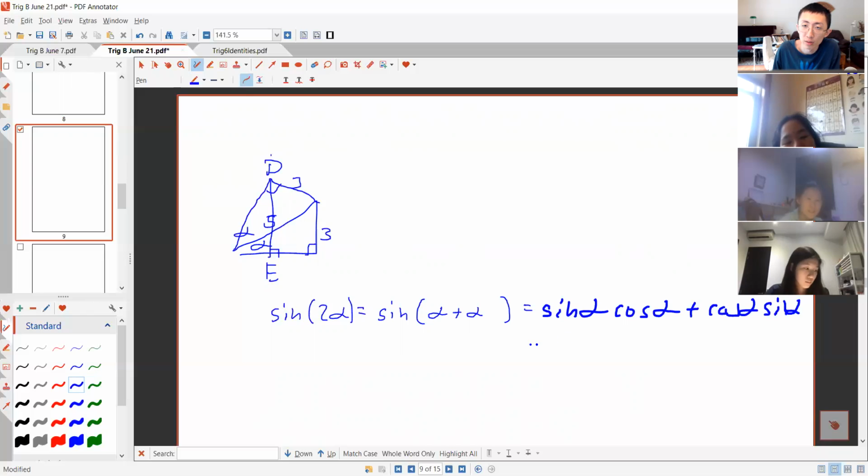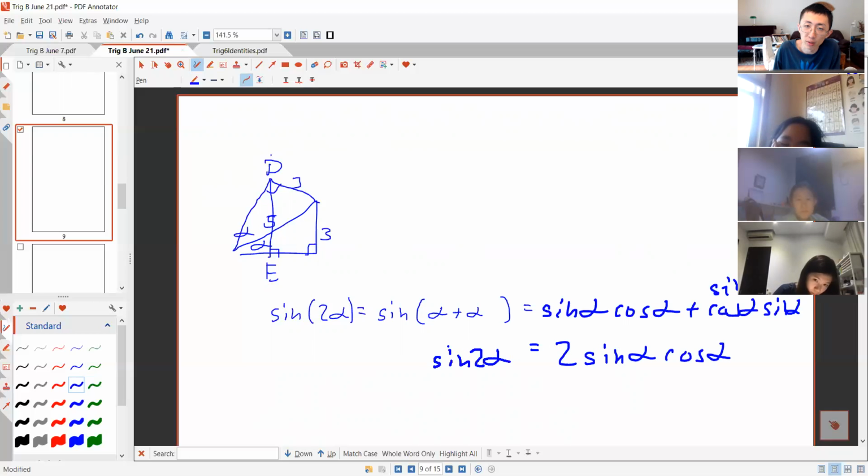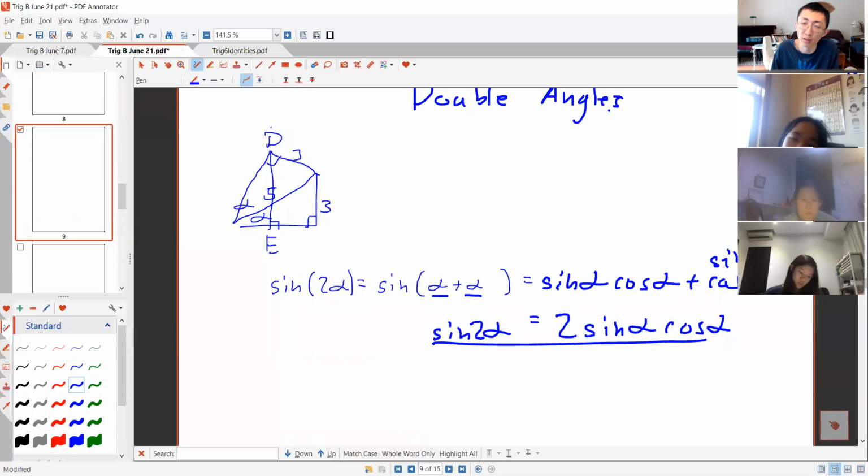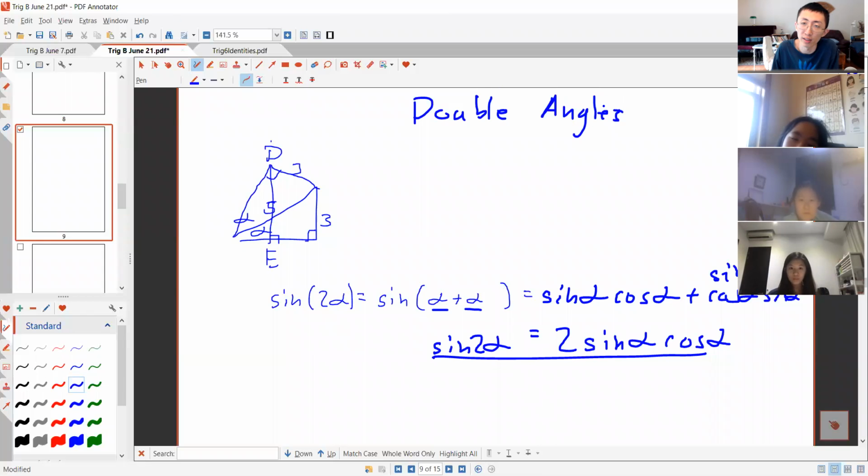These are the same thing. I usually write the sine first, but it doesn't really matter. So we'll just get two of these. This is called the sine double angle formula. You don't have to memorize it because you can just plug alpha plus alpha into the addition formula, and if you have the addition formula memorized, you can quickly figure this one out in a few seconds.